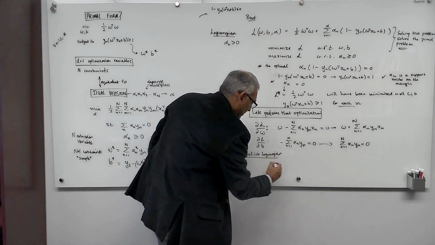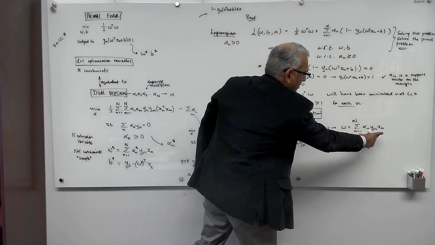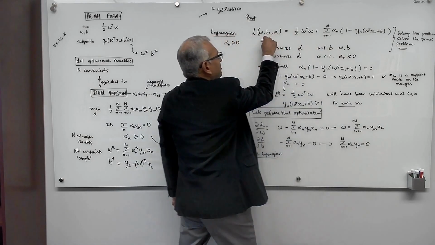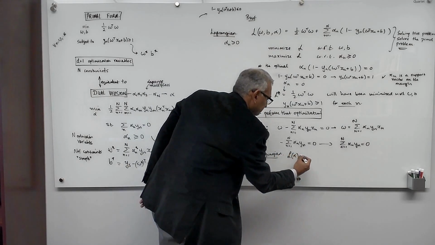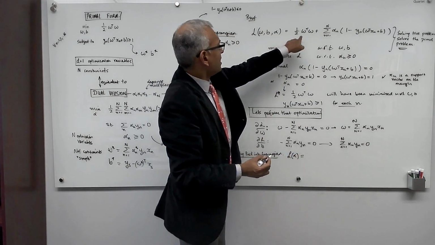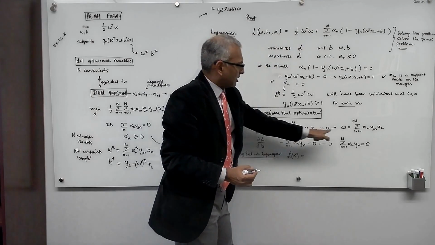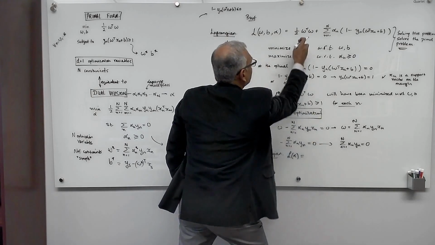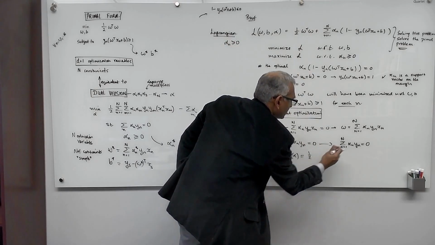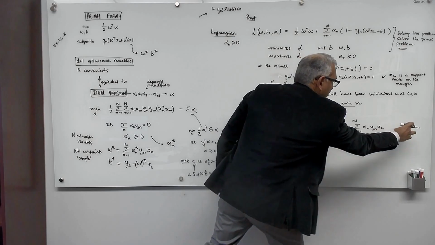So now we're plugging in these requirements into the Lagrangian, and it becomes a function of alpha. The Lagrangian of alpha becomes 1/2 w transpose w. So w is this, and 1/2 w transpose w is just 1/2 this times transpose times itself.